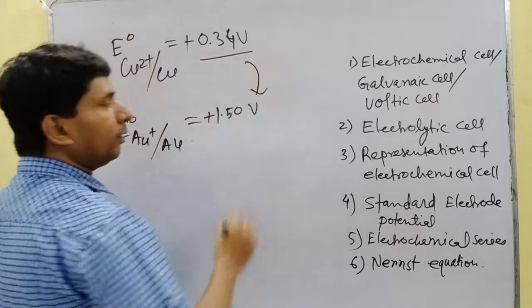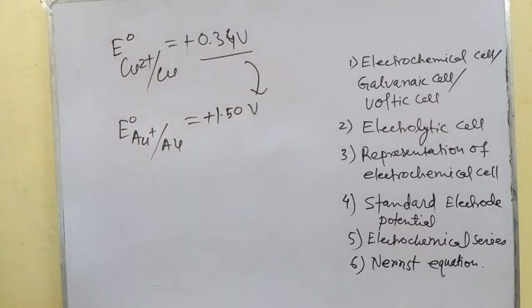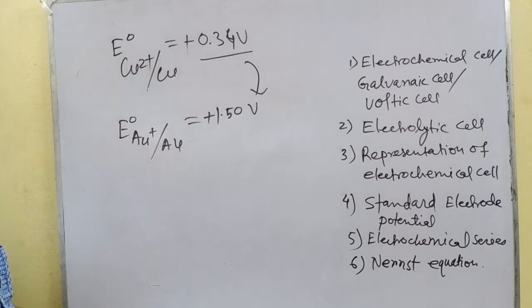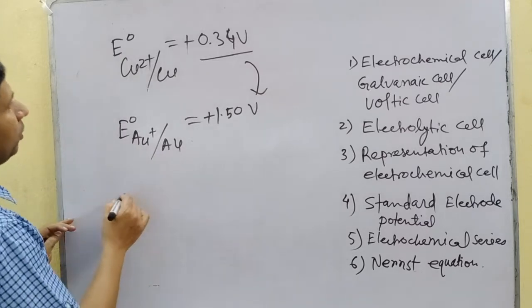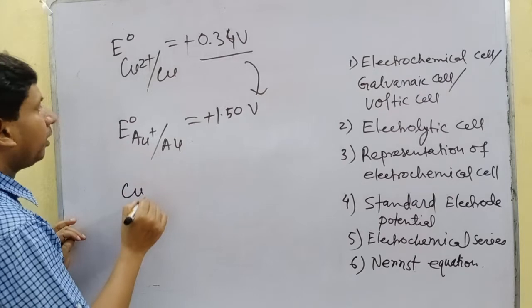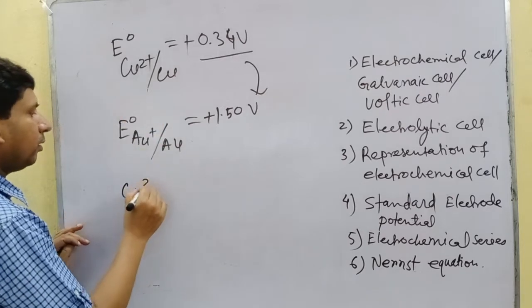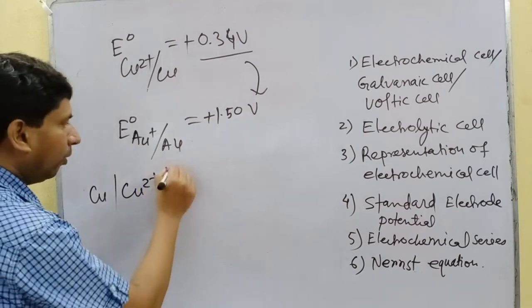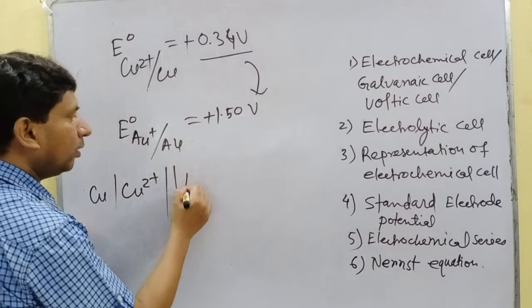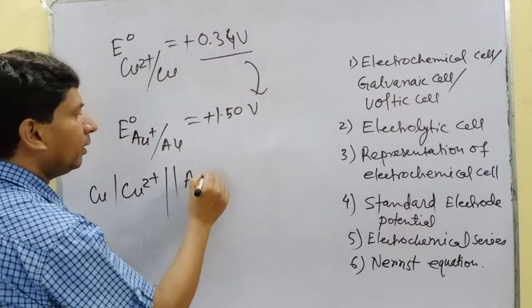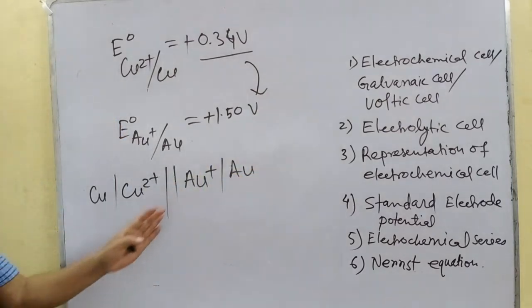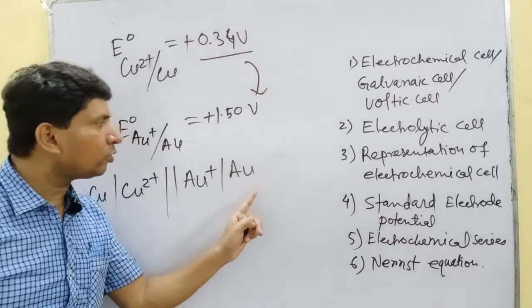This one is greater. So between gold and copper, what will be the reaction? The reaction always goes this way: copper will be oxidized, double bar, then gold will be reduced. Au plus always reduces to gold.